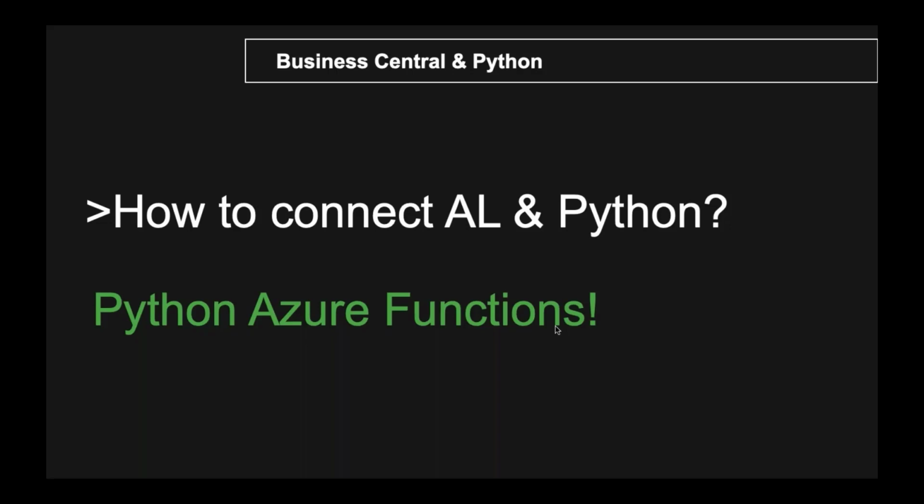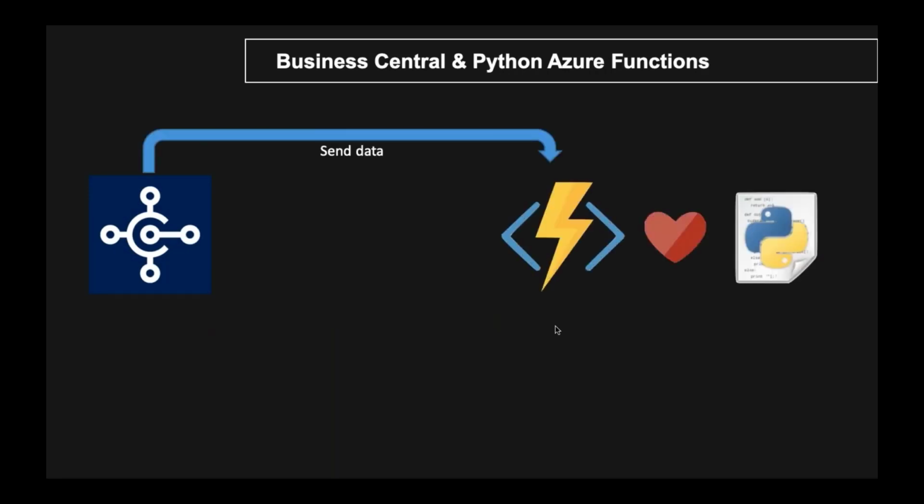And yeah, the idea is that you can execute Python code in Azure Functions and call that from a Business Central. So you have Business Central with data, you have Azure Functions with Python support. So you send data to Azure Functions, and you receive insight back.